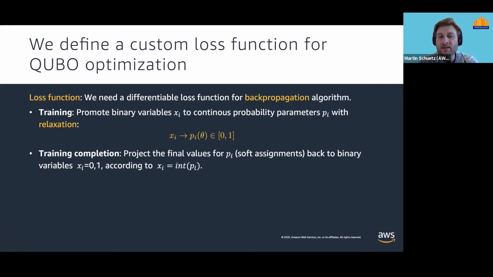That allows us to tap into the standard toolbox of deep learning, using standard backpropagation to update the internal weights and embeddings in the graph neural network. Once the training completes, we project these soft probability assignments. The graph neural network is going to say, there's an 80% recommendation to buy a certain asset, and we then flip the switch and say, okay, buy this asset, 1 or 0.